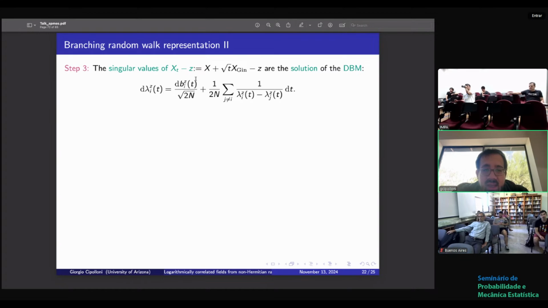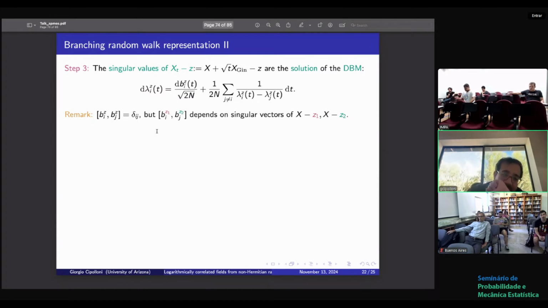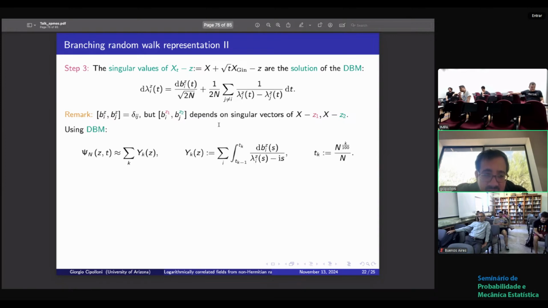And the B_i(z) for fixed z are just standard Brownian motions. However, if you look at the correlation of different z_1 and z_2, which we need to do in a second, we see that there is actually a dependence on the singular vectors of X minus z_1 and X minus z_2. So this is a fundamental difficulty here.